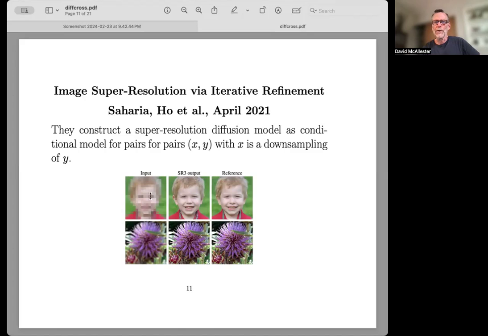So what we're going to do is diffusion-based image generation. So we're going to generate an image based on a diffusion model, but conditioned on the input blurry image. So this is a conditional diffusion model that takes as input the conditioning information, a blurry image.